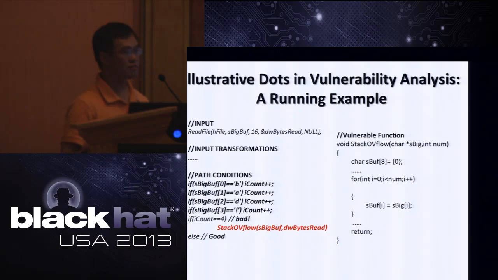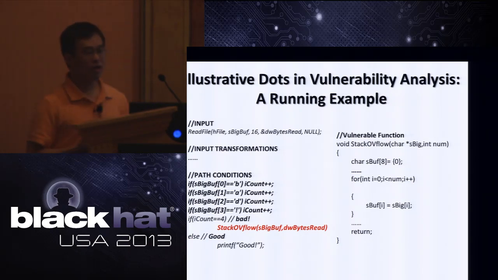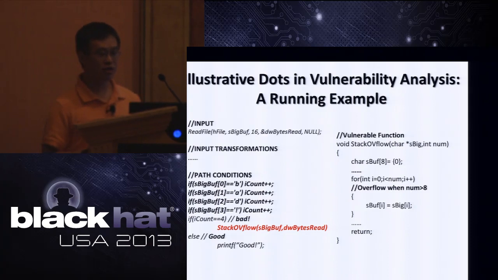But in most cases, it will just behave well. The vulnerable function here contains a buffer overflow, which might be triggered by certain input, but does not always happen, because the input length has to be larger than the local buffer size.